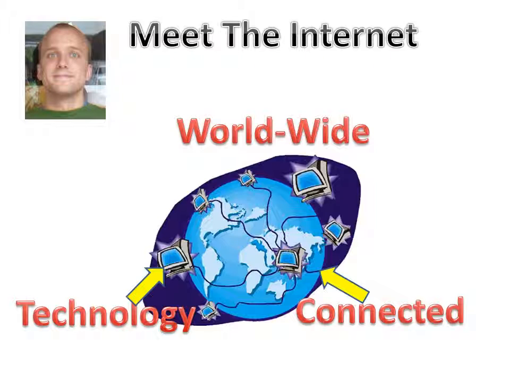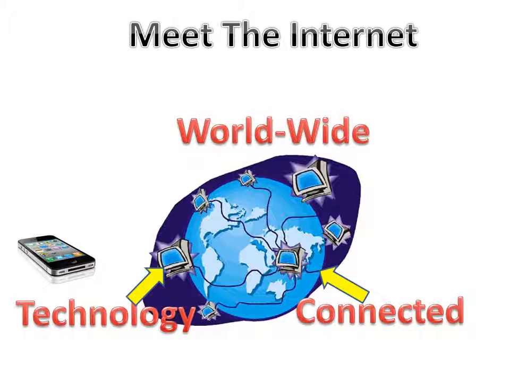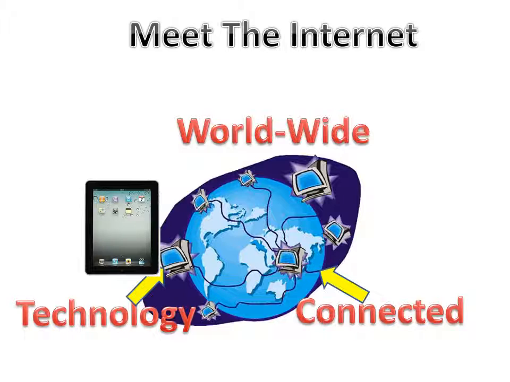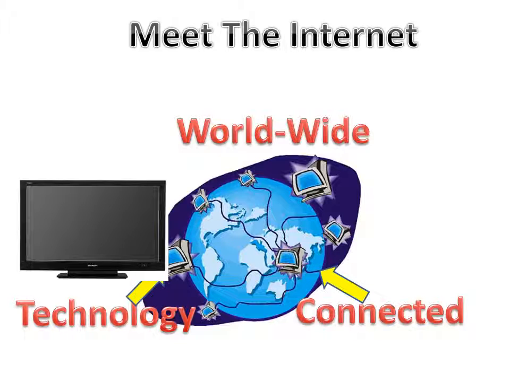Now, this is a pretty hard concept, so let's go over just a few things before we start. First, right here where it says worldwide, that means all around the world. Okay, next, if I say technology, I mean things like the computer you're sitting in front of, but I also mean things like a cell phone, a tablet computer, or the iPad right here.